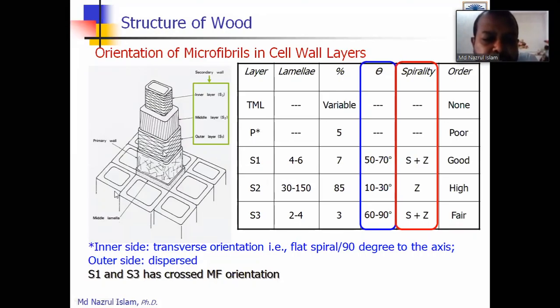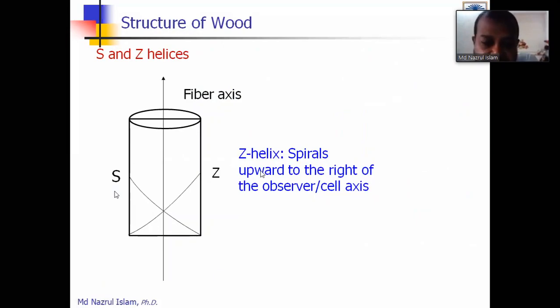If the microfibrils come from left to right, we will say that is the Z helix. And if the microfibril moves from right hand side to left hand side, we are saying that is the S helix. So microfibril coming from left to right, we are saying that is the Z. That is orientation. When you make the spiral, if it just goes from left to right, we are saying Z. Helix means helices, it means spiral.